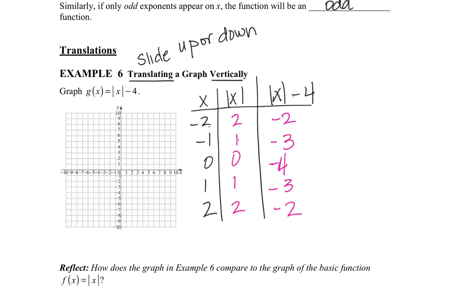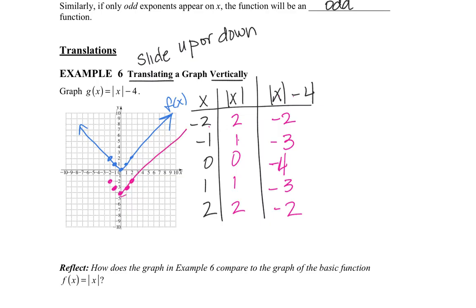So let's plot both graphs. So negative 2, 2. Negative 1, 1. 0, 0. 1, 1, and 2, 2. So this is our f of x. And then we've got negative 2, negative 2, negative 1, negative 3, 0, negative 4, 1, negative 3, and 2, negative 2.